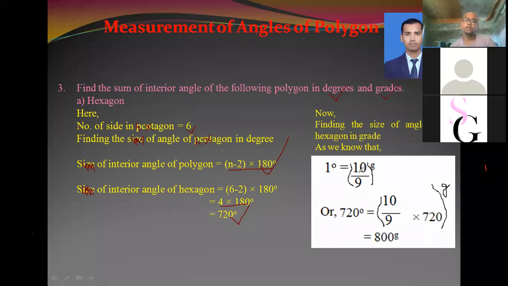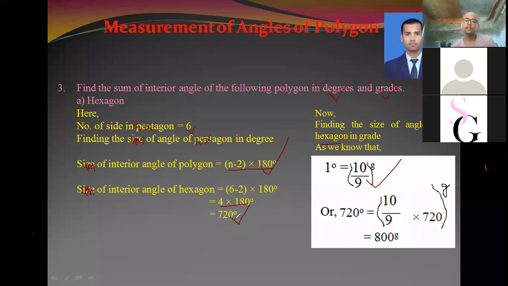As we know, we have the same formula for the conversion of a hexagon, or any polygon, from degree to grade: 1 degree is equal to 10 by 9 grade, and we need to apply that here.